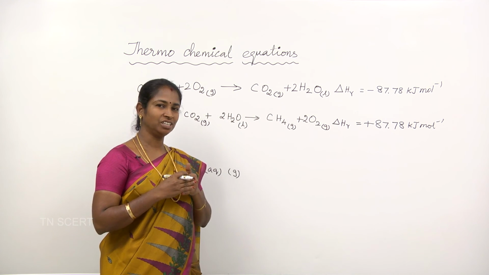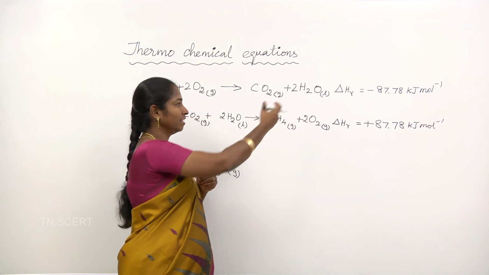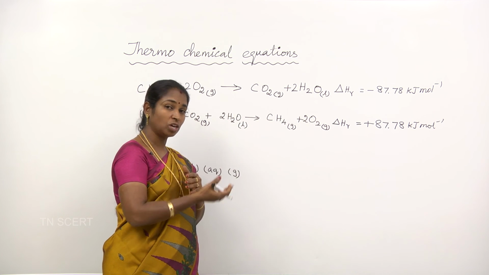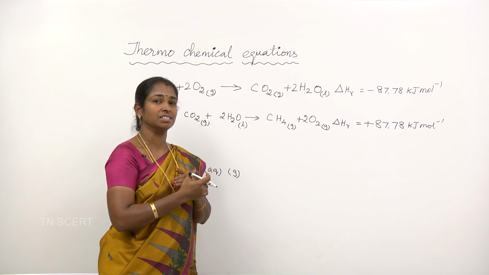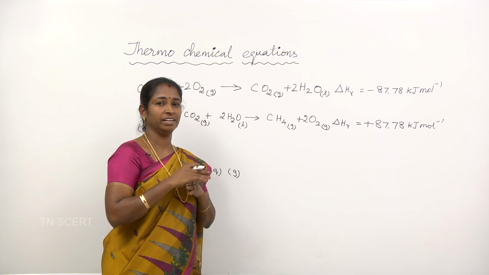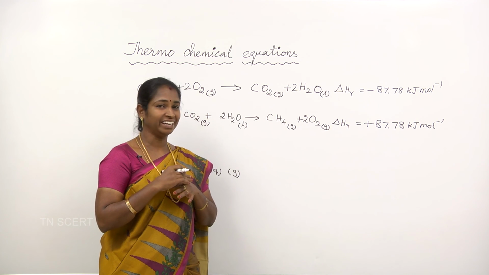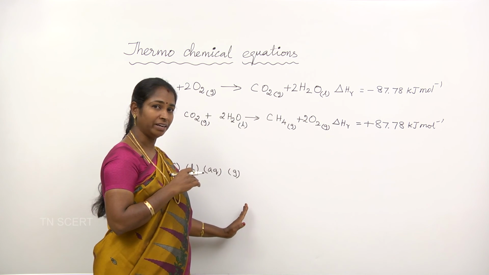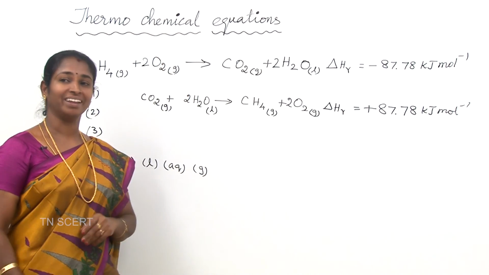If the reaction proceeds with the liberation of heat, it is exothermic, and if the reaction proceeds with absorption of heat, it is endothermic. The endothermic reaction is denoted by a positive delta H value, and the exothermic reaction is denoted by a negative delta H value. So, by keeping all these points in your mind, you can easily write the thermochemical equation for any reaction.